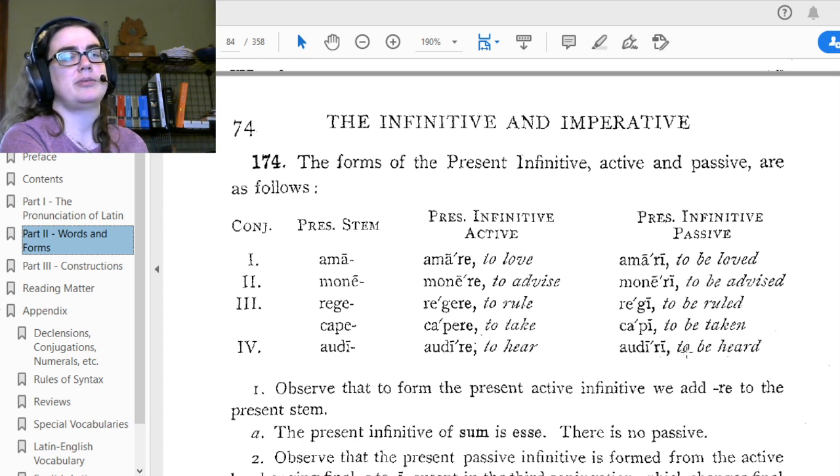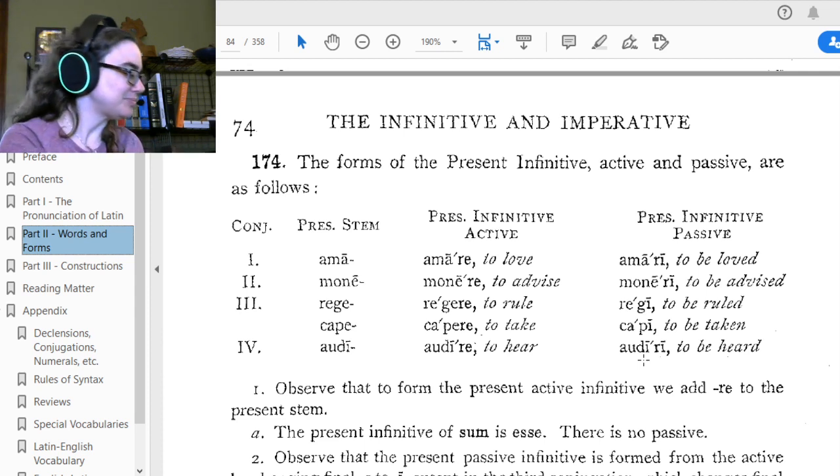Are you seeing a pattern? But third and third IO, what's wrong with them? They have that weak E. So instead of being ERE, they just become I. So amare, amari, monere, moneri, regere, regi, capere, capi, audire, audiri. So not too hard.